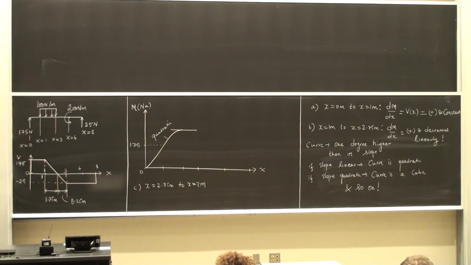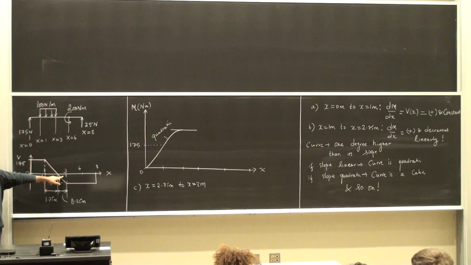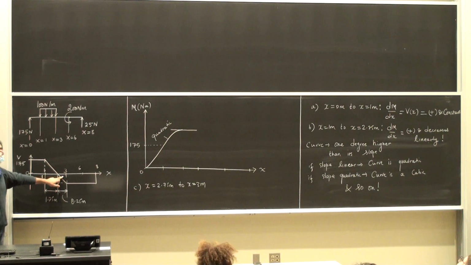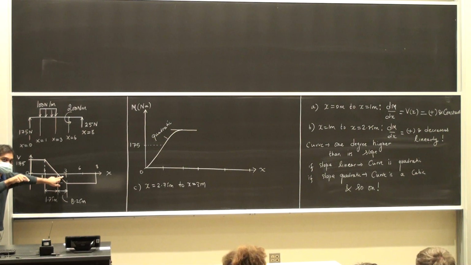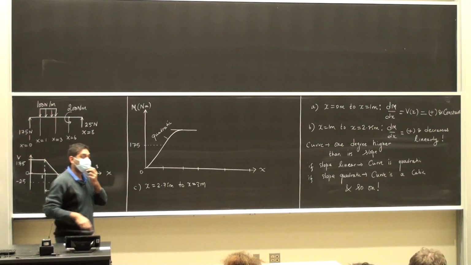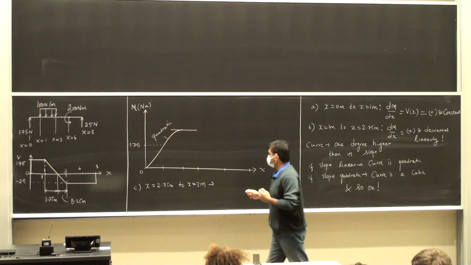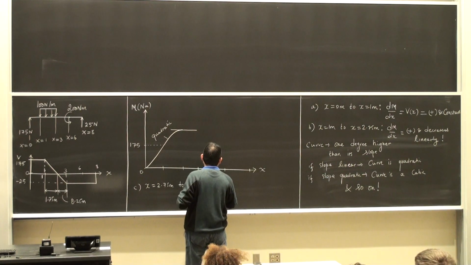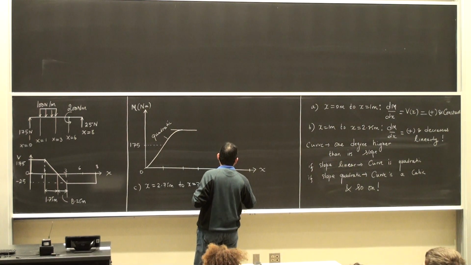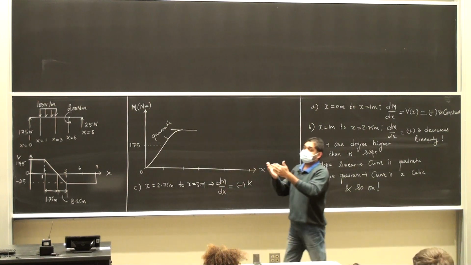From 2.75 to 3 meters, the shear force value, watch out, is negative and increasing linearly. So dM by dx is negative and its magnitude is increasing.